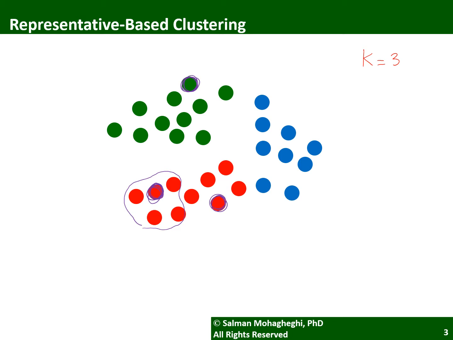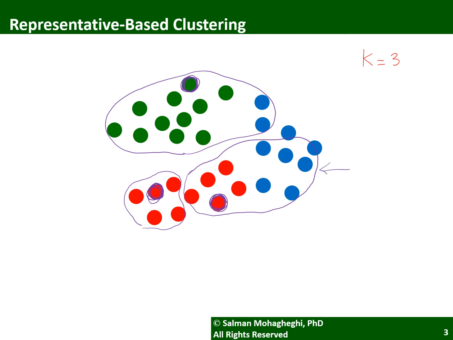I would probably say, again, roughly speaking, that maybe these guys would be closest to this representative, and then for the sake of example, let's say these guys would be closest to this representative. Now, this obviously is not a very good clustering approach, as you can see, because I have one cluster here which consists of both blue and red, and then I have some blue here combined with green, but that's okay.